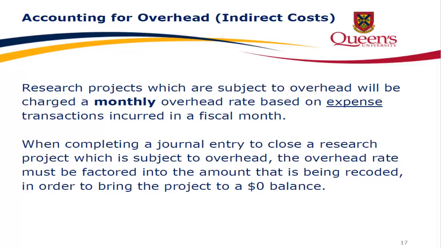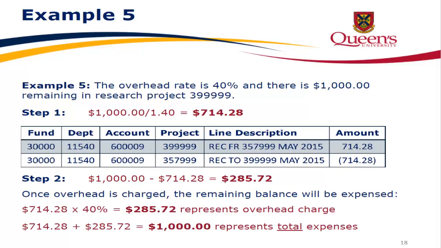Research projects, which are subject to overhead, will be charged a monthly overhead rate based on expense transactions incurred in a fiscal month. When completing a journal entry to close a research project, which is subject to overhead, the overhead rate must be factored into the amount that is being recoded in order to bring the project to a zero balance. In this example, the overhead rate for Project 399999 is 40%, and there is a $1,000 surplus balance remaining in the project.